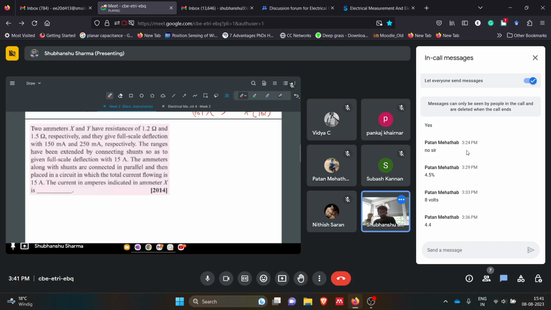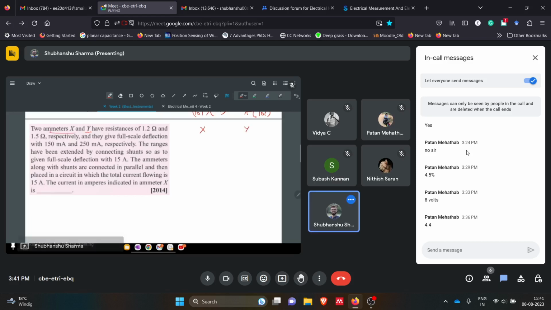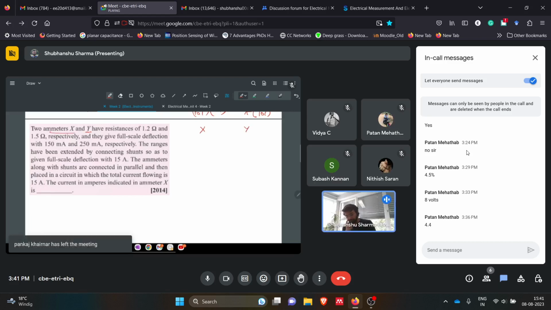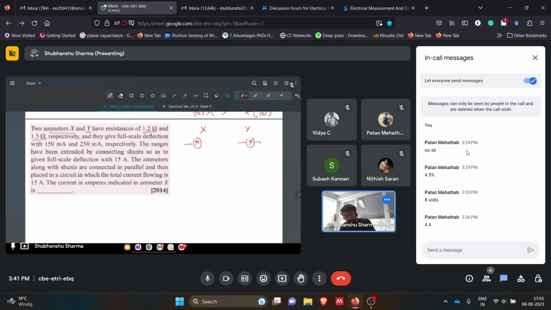So slowly I will start with the question. There are two ammeters X and Y. Okay, we have two ammeters X and Y. The resistances of them are 1.2 and 1.5. So how do we draw an ammeter having a resistance?